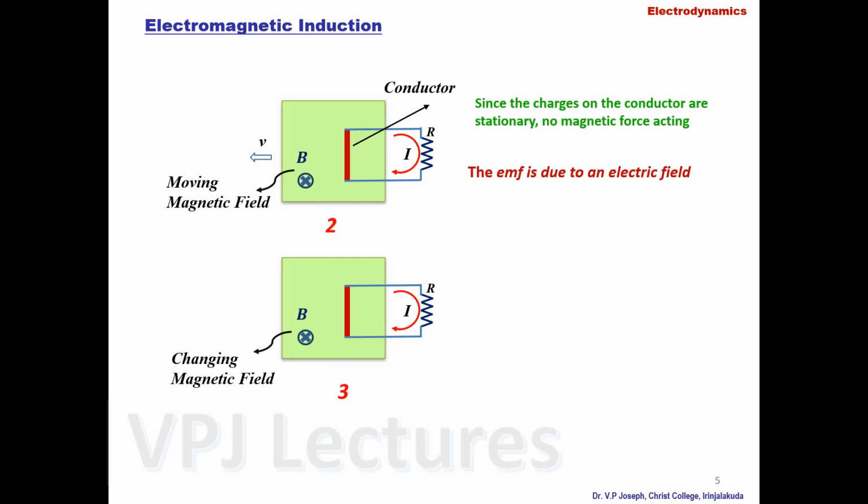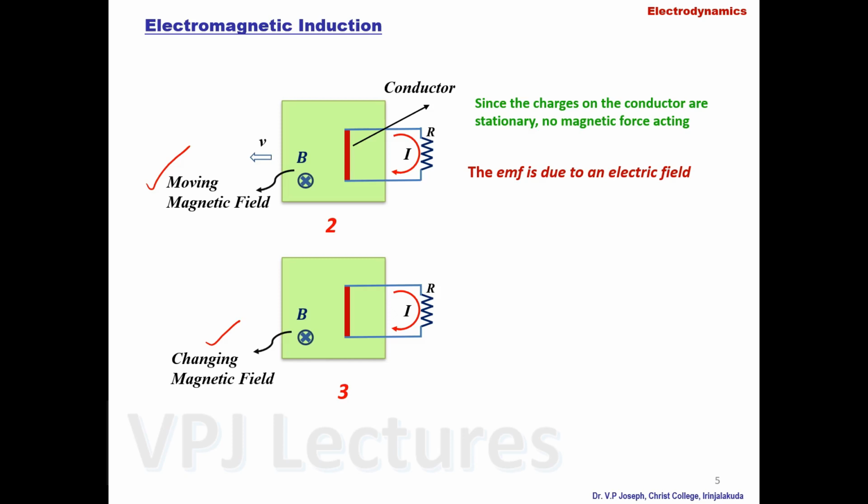Now consider the second and third cases. In the second case, the magnetic field is moving, keeping the circuit stationary. And in the third case, we are changing the magnetic field. In both cases, as I have mentioned, the circuit is stationary, but there is a change, d by dt, taking place with respect to the magnetic field.